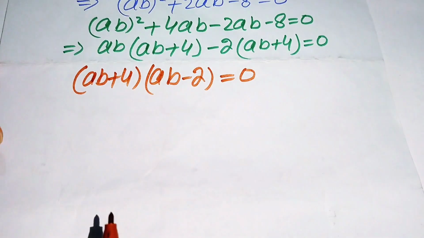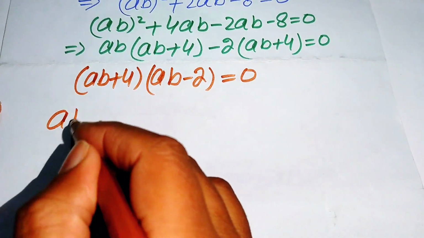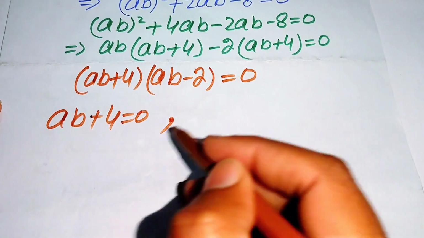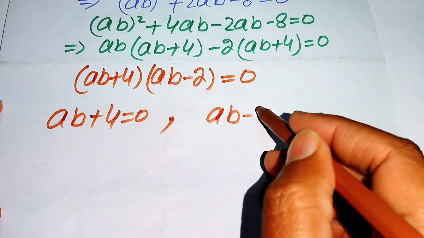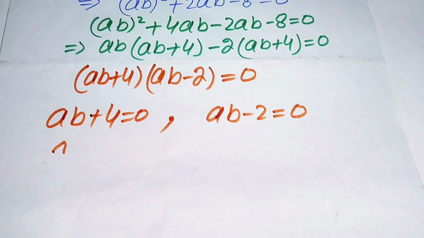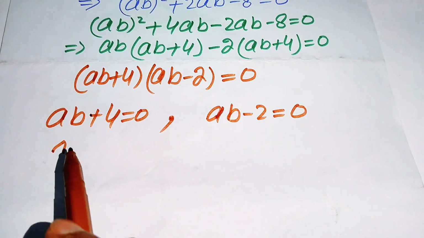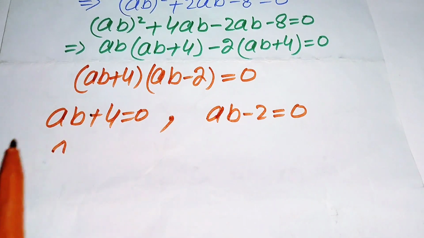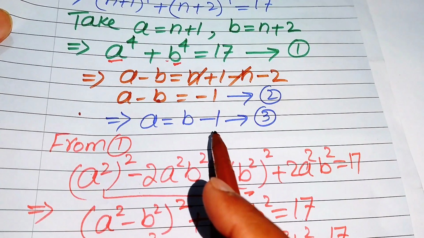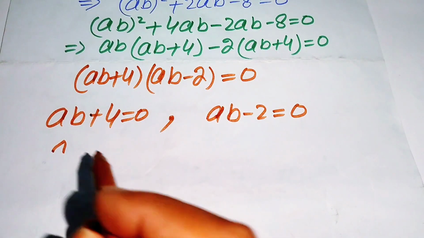So here we have two cases. The first case is ab plus 4 equals 0, and the second case is ab minus 2 equals 0. So in the first case we put the value of a here. This is our equation number 3. Here we have a equals b minus 1, so we put this value of a here.